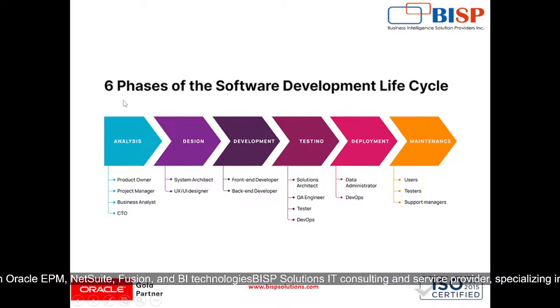So on the screen you can all see the 6 phases of the software development life cycle. First of all, before analyzing, we have to plan. So what is the need of planning? Its main objective is defining the scope of customization, or we can say implementation, in NetSuite, considering the business's process needs.